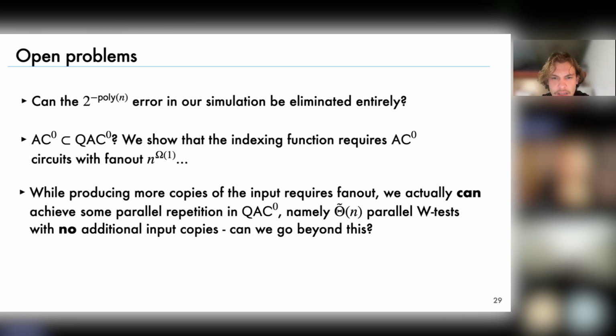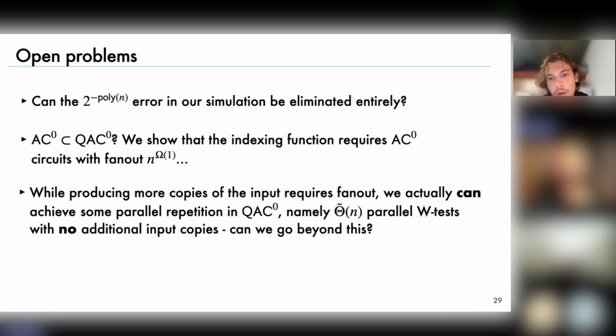This is a bit of an involved construction, but I was lying earlier when I said that we can't achieve any parallelization with a single copy. We can, but only up to n copies. This isn't sufficient to compute the function with just a single copy of input, but it is enough to drive the soundness error to like 1 minus 1 over n or something like that.